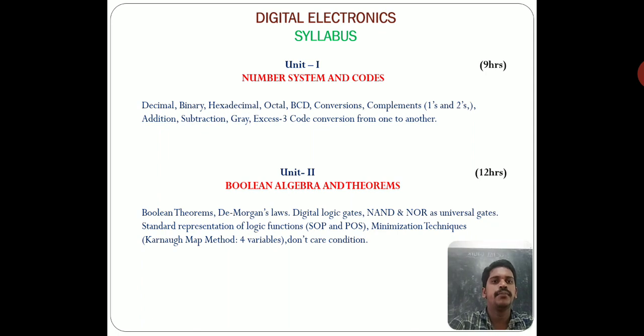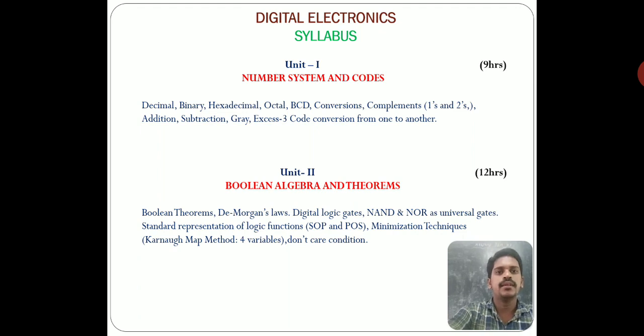Unit 1, number systems and codes. In this unit, we have learned about the types of number systems used in digital circuits and different types of codes used in digital circuits and their conversions from one to another. There are several number systems we are using in digital systems.